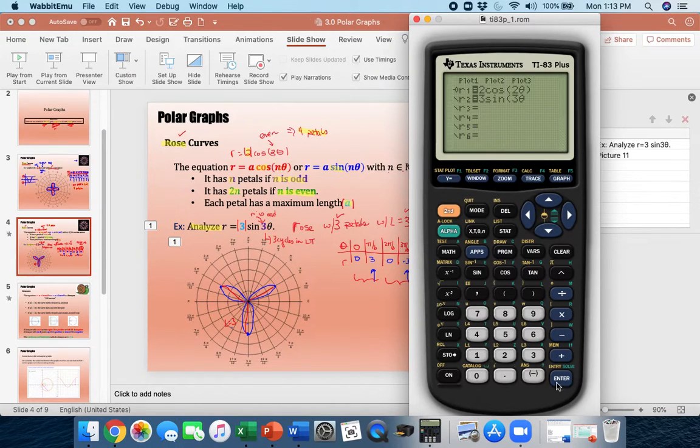I already had graphed the first one. Isn't that kind of cool? Pretty. Kind of looks like a dragonfly, doesn't it?